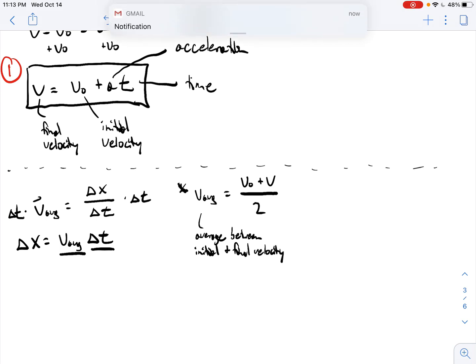So this step we have here, v average is equal to v0 plus v divided by 2. It's going to come in handy in just a little bit here.